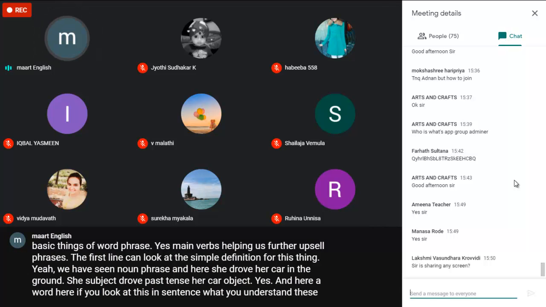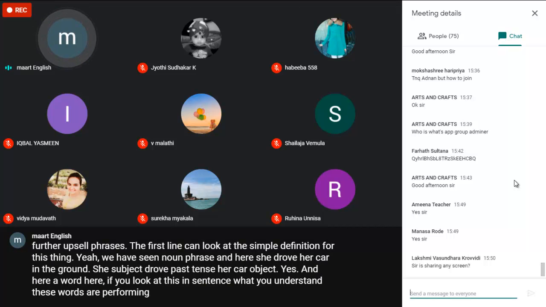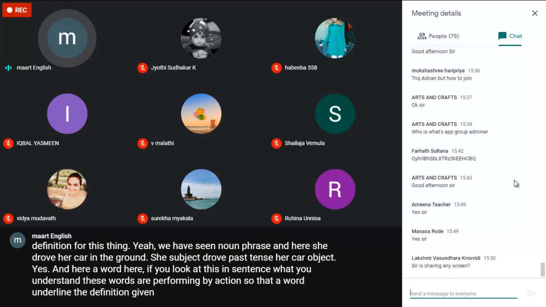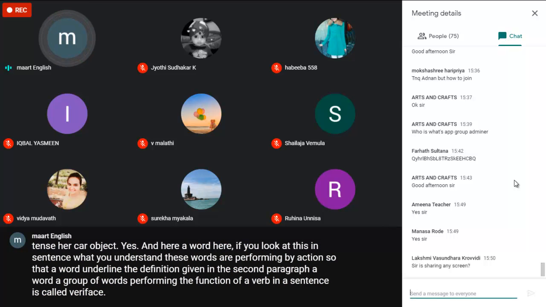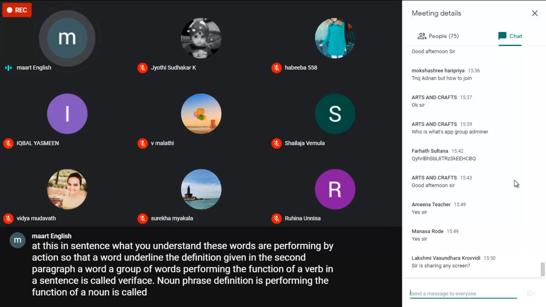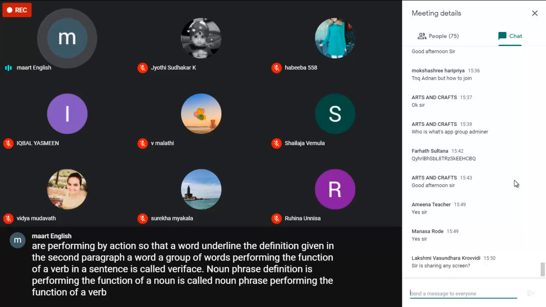These words are performing the action. So underline the definition given in the second paragraph: a word or group of words performing the function of a verb in a sentence is called a verb phrase. Noun phrase is performing the function of a noun; verb phrase is performing the function of a verb.